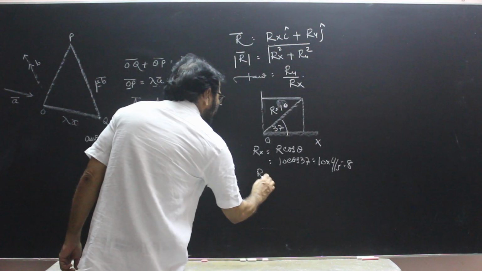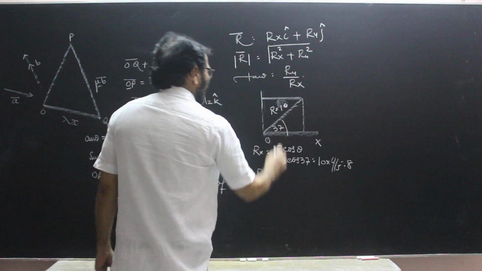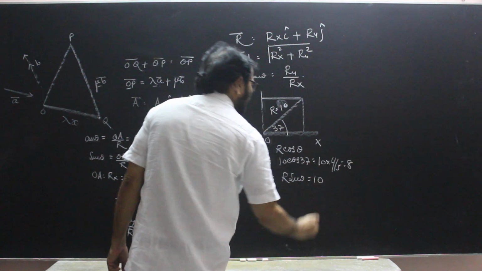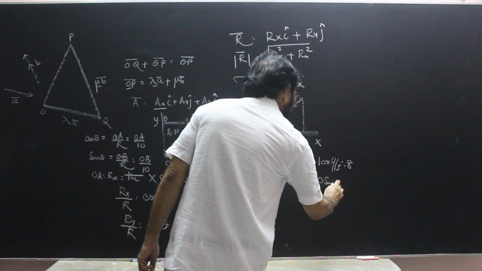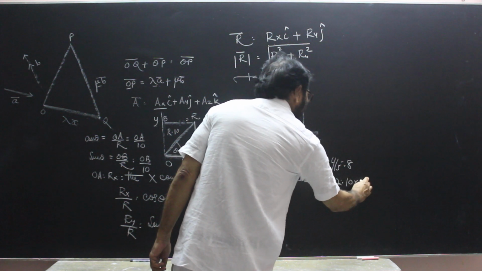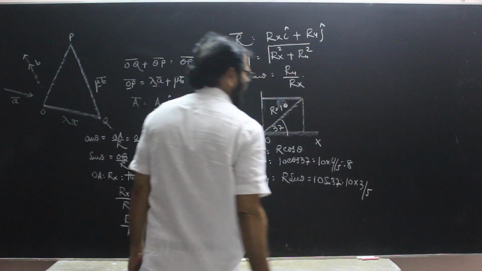And Ry is of course R sin theta, that is 10, and sin 37 is 3 by 5, that is 6.